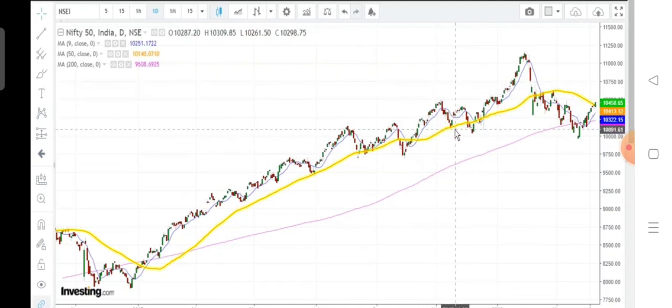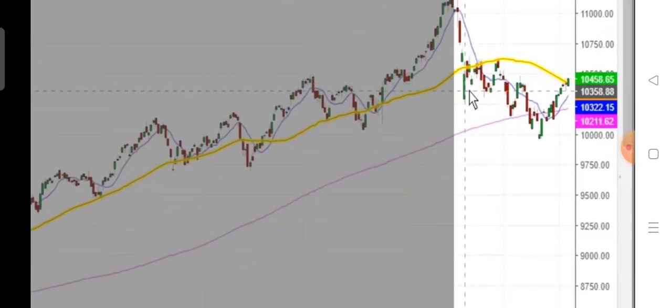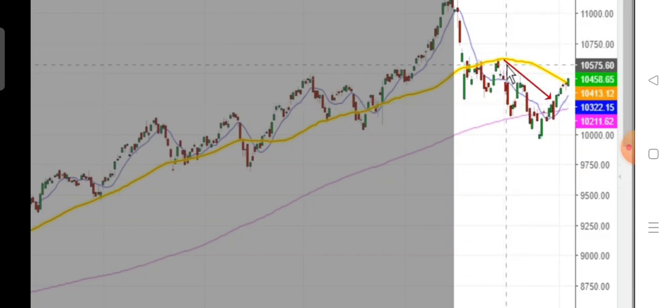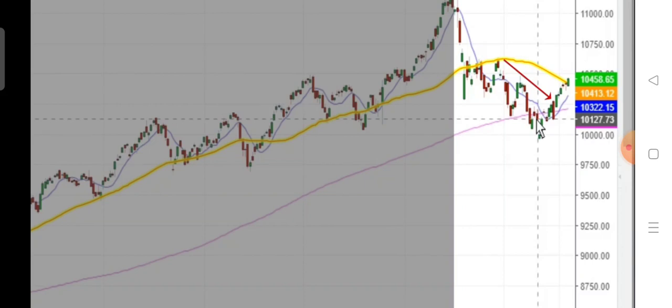Once it was broken for a certain number of days and the price was continuously closing below this 50-day moving average, the down move started and the price went quite a bit in the downward direction.